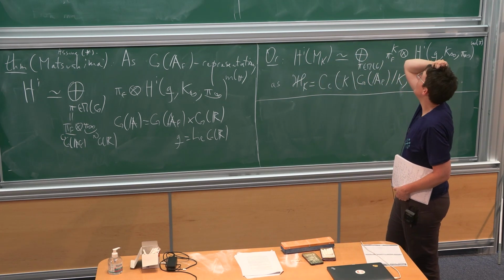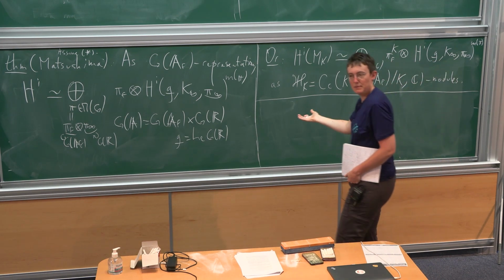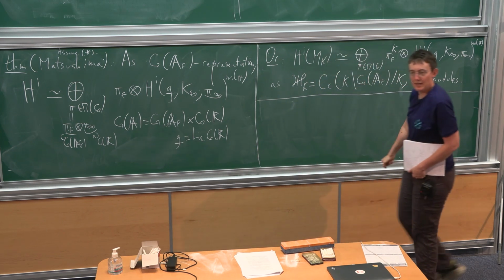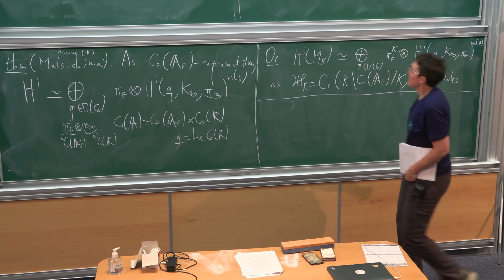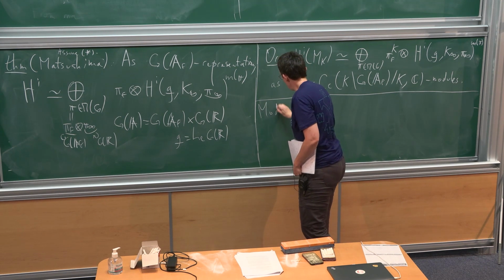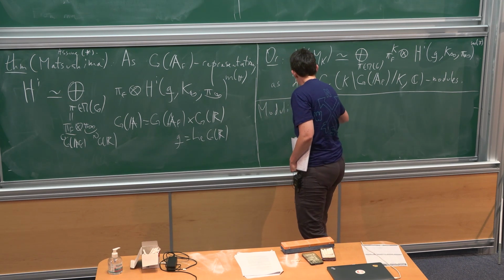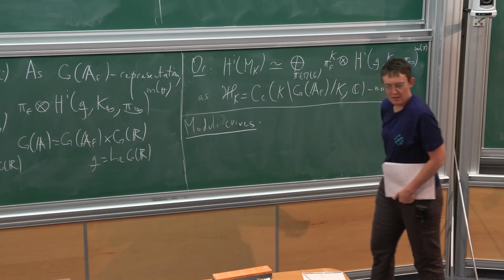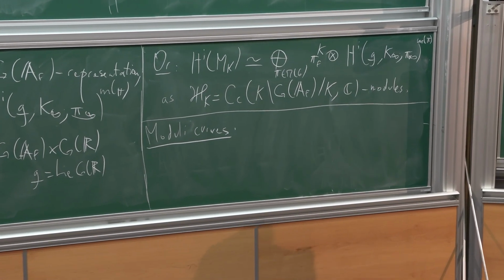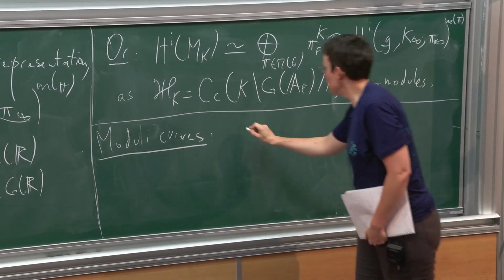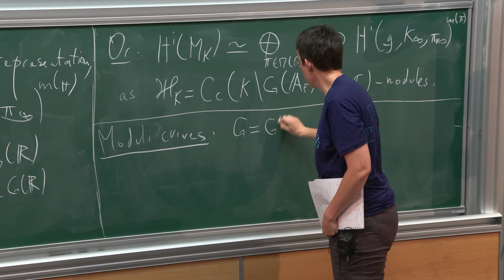Anyway, so that was one piece of motivation. These locally symmetric spaces are interesting because we can see automorphic representations in their cohomology. A second motivation for what we're going to do is modular curves. It's the case where G equals GL2.